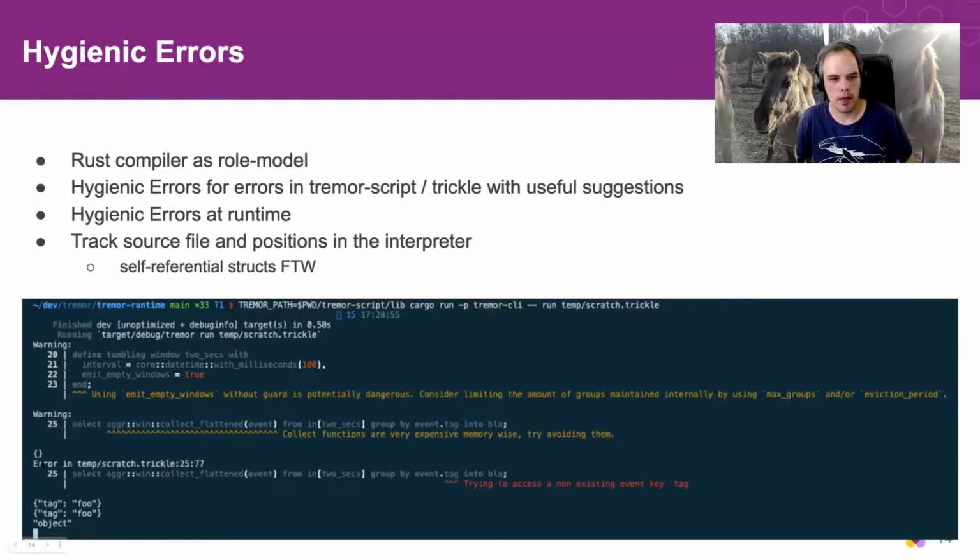And then I input some event, like some empty JSON that is not expected by my application, and it's throwing an error here and telling me, hey, trying to access a non-existing key tag.